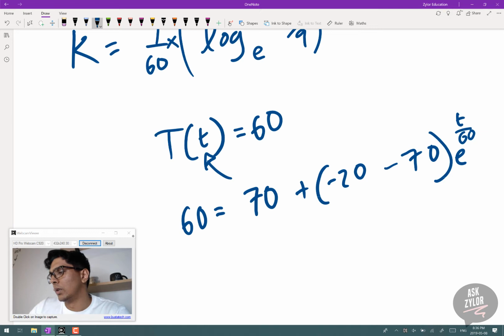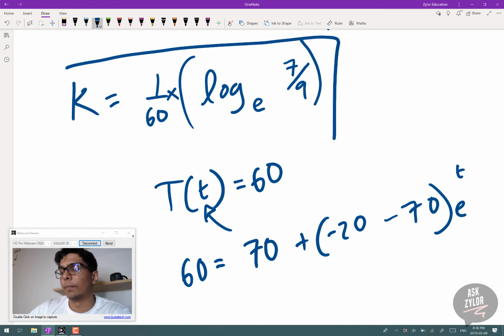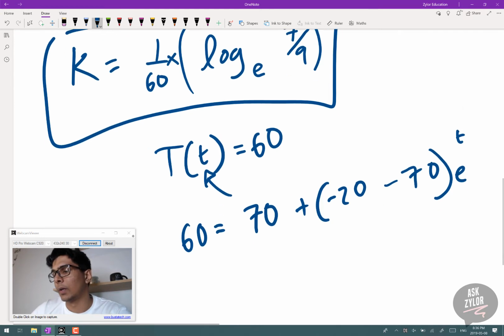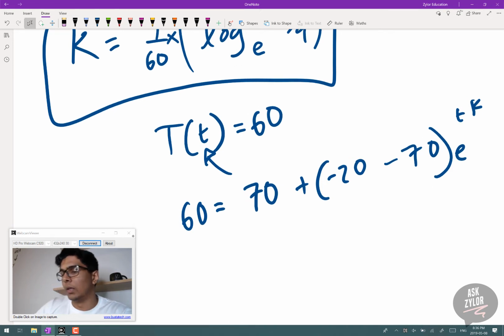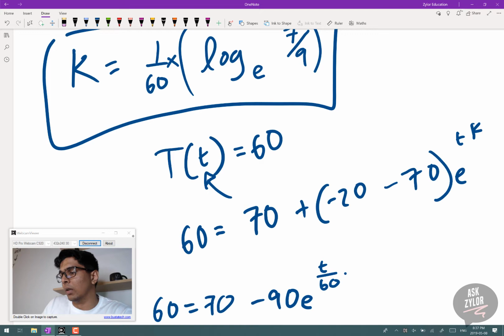Right. So what I'm going to replace the k with is what I found over here. Okay, so t times k, I'm going to replace my k with the equation I have there. So then I'm going to write this as 60 equals 70 minus 90. Right. And then t over 60 times log base e, I can rewrite the log base e as just ln, right? ln of 7 over 9.